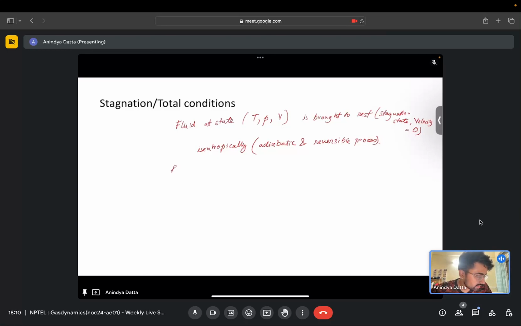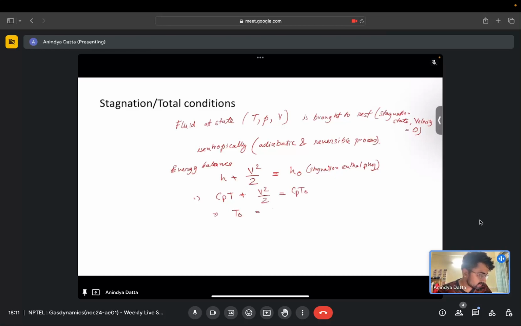How do we get that? First we do an energy balance. We have enthalpy plus kinetic energy, and at the stagnation state we have just enthalpy because the velocity is 0. This is what we call the stagnation enthalpy, right? Now when we apply the calorically perfect gas assumption, we can write it this way, and then we get the stagnation temperature T0 as static temperature plus V square by 2 Cp.